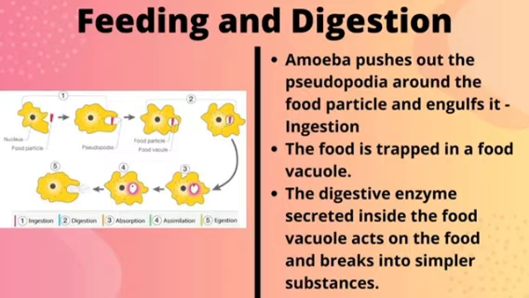The food gets trapped in a food vacuole inside the body. Then what happens inside the food vacuole? Certain digestive enzymes are secreted and act on the food, breaking it into simpler substances.